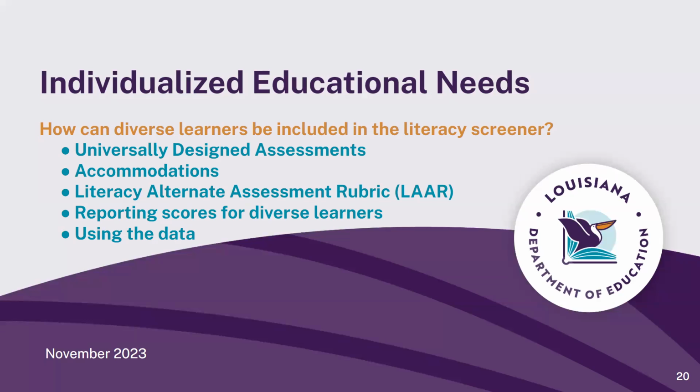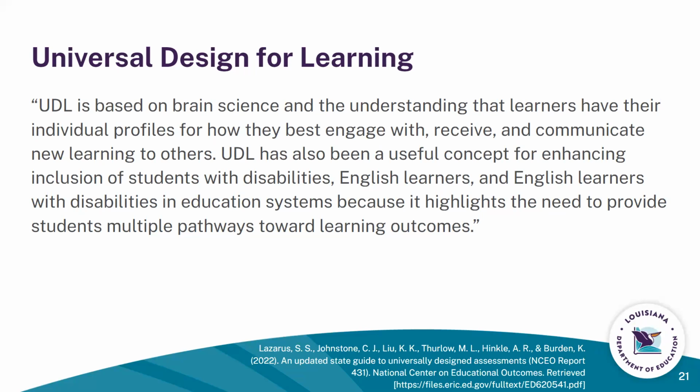Let's discuss how diverse learners can be included in the literacy screener while still meeting their individual needs. According to the National Center on Educational Outcomes, the universal design for learning is based on brain science and the understanding that learners have their individual profiles for how they best engage with, receive, and communicate new learning to others.